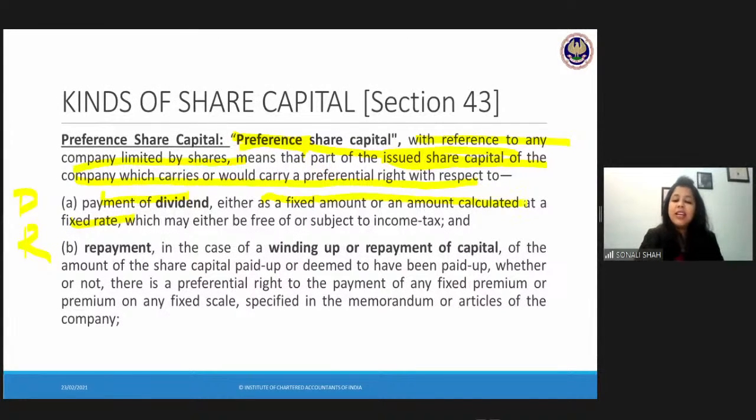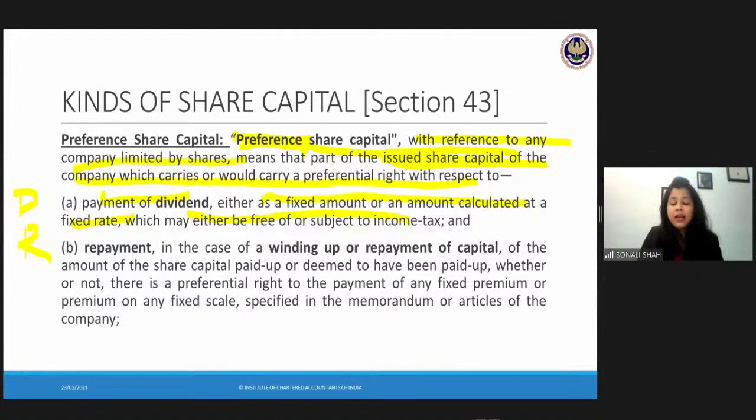So the dividend which is to be paid to the preference shareholders is either a fixed amount or the rate at which the payment will be made is fixed. It is predetermined, which may either be free of or subject to income tax.